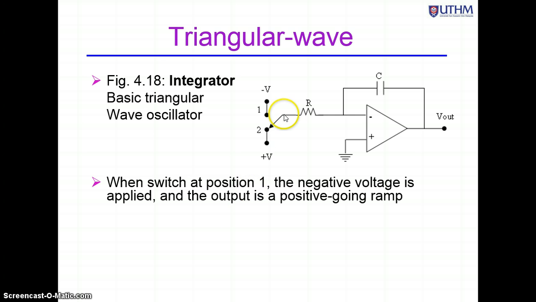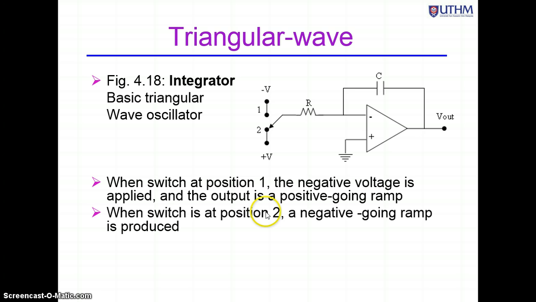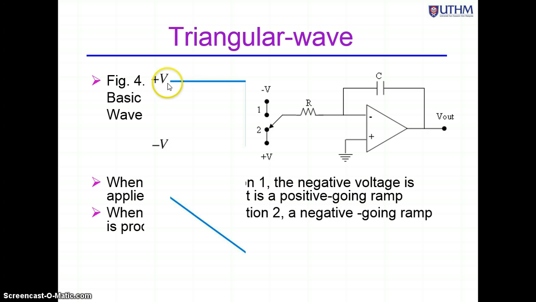Now we put the switch to position 2, meaning that you are connecting a positive supply to the input, so your output will be a negative going ramp. At position 2, a positive input will produce a negative going ramp.